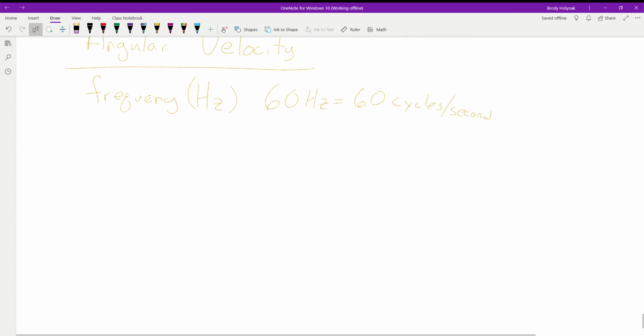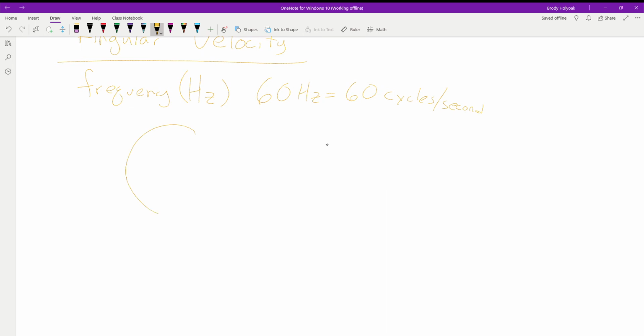So, as we said before, a full rotation is 360 degrees. If I'm making 60 rotations per second, how many degrees am I traveling? 21.6K.